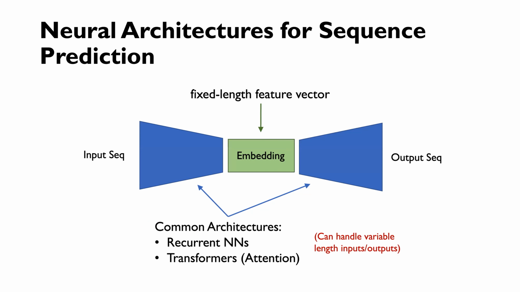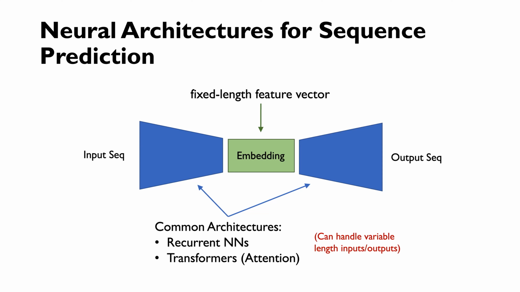And so, you've seen many examples of neural architectures that could do sequence completion. This is just a cartoon summary, a simplification of it, where typically you encode your input sequence, which is variable length, so it can be length 2 or length 100.